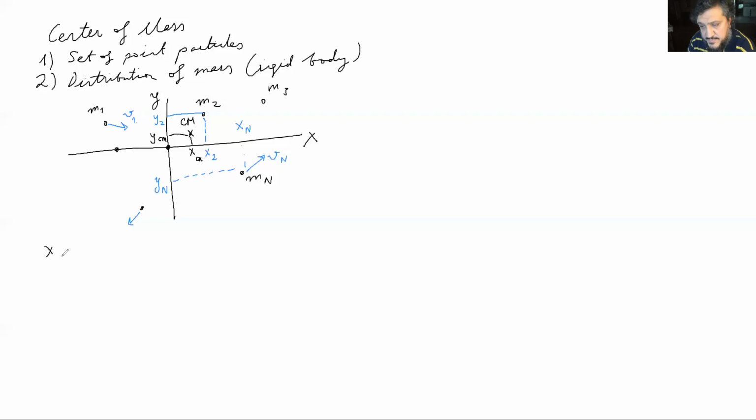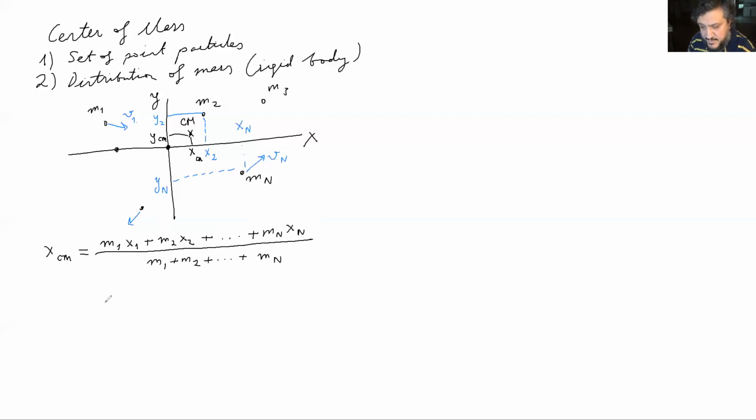This x coordinate of the center of mass will be a fraction. In the numerator, we'll have m1 times x1. And keep adding m2 times x2, then m3 times x3, all the way up to the last one, mn xn. And then divide this by the total mass, m1 plus m2 plus dot dot dot all the way up to mn.